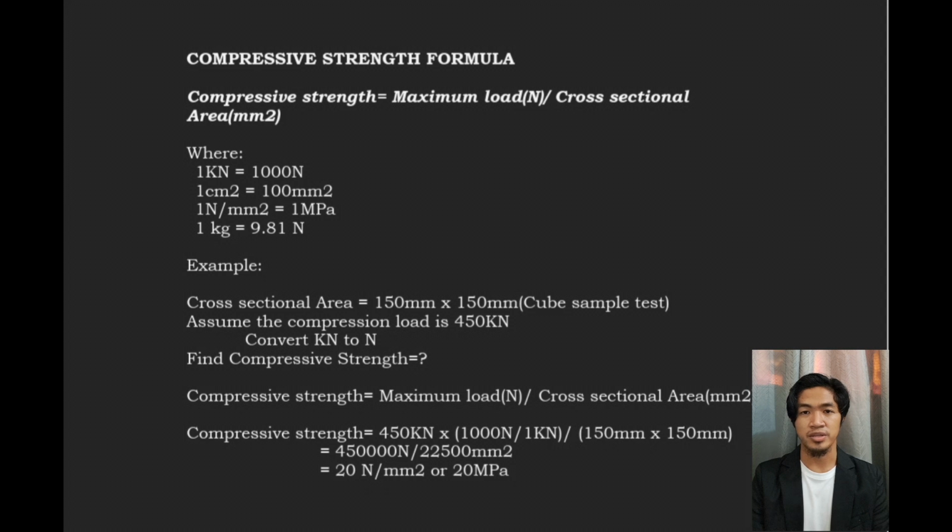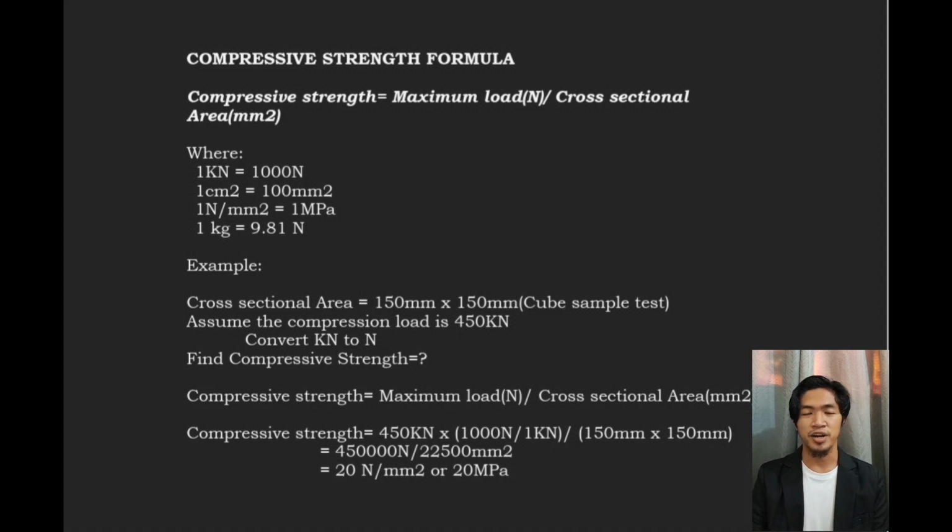1 kilonewton is 1,000 newton. Ilalagay natin yung 1 kilonewton sa denominator para ma-cancel out yung kilonewton, para ang matira na lang dito is newton. So divided by naman sa cross-sectional area, 150 mm and 150 mm.